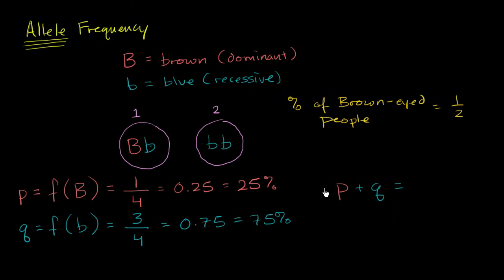So the frequency of the dominant ones plus the frequency of the recessive ones, well, everyone's going to have one of those 2. So if you add those 2 frequencies, it's going to have to add to 100%. And we see that there. 1/4 plus 3/4 is 1 or 100%. And 25% plus 75% is also 100%. So we could say p plus q is equal to 100%, or we could say that p plus q is equal to 1.